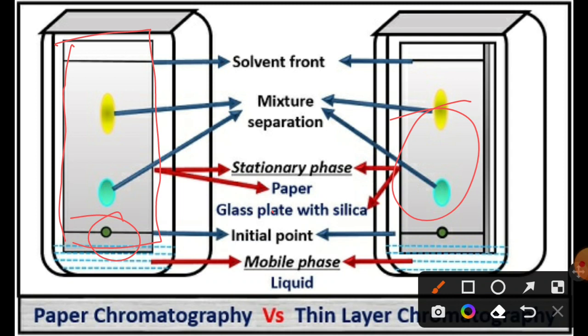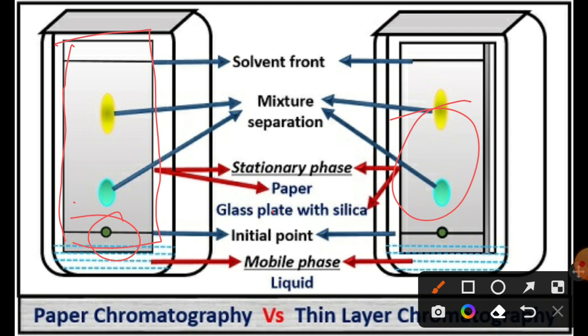After that it will stop, so separation cannot be done to a higher extent. That is why you cannot separate a very large sample with paper chromatography or thin layer chromatography, but you may prefer it for separation of small things such as amino acid mixtures. You can easily separate these with paper chromatography or thin layer chromatography.